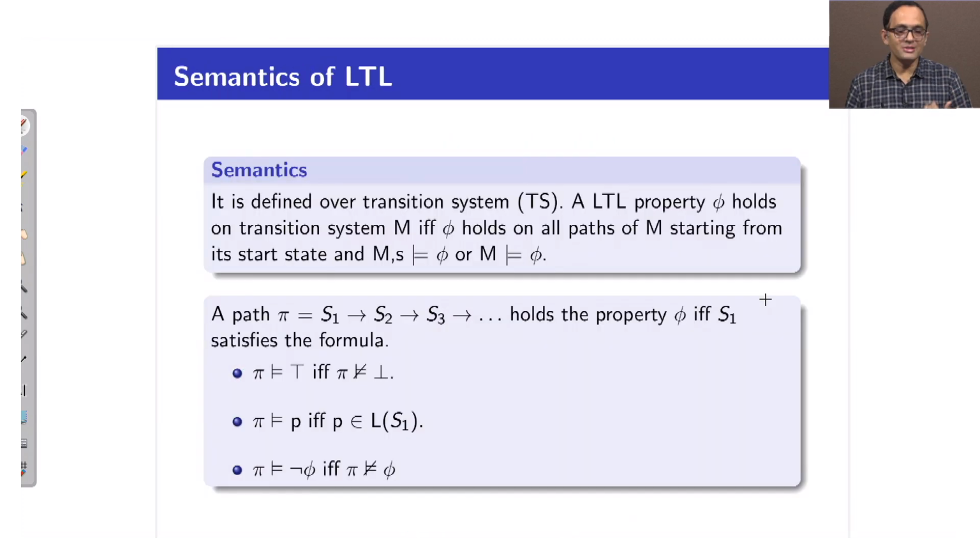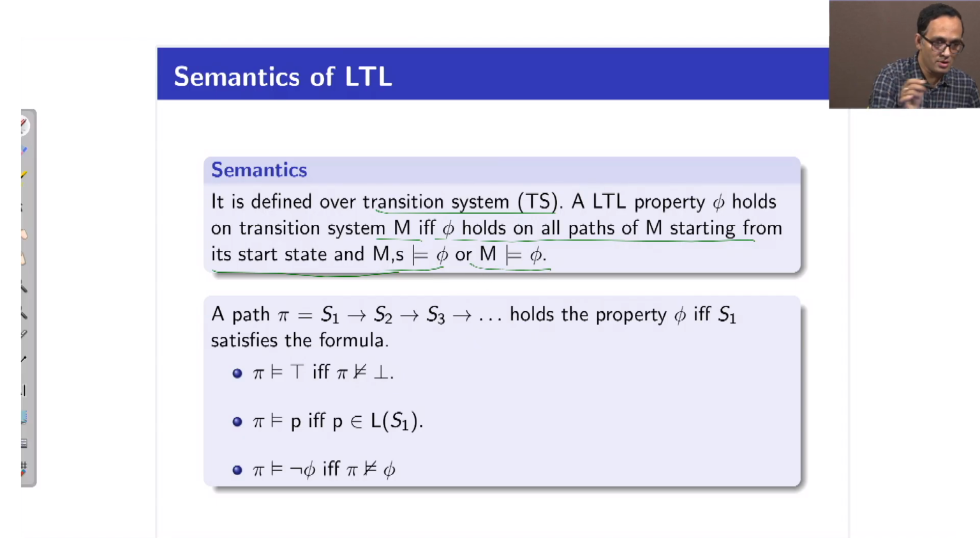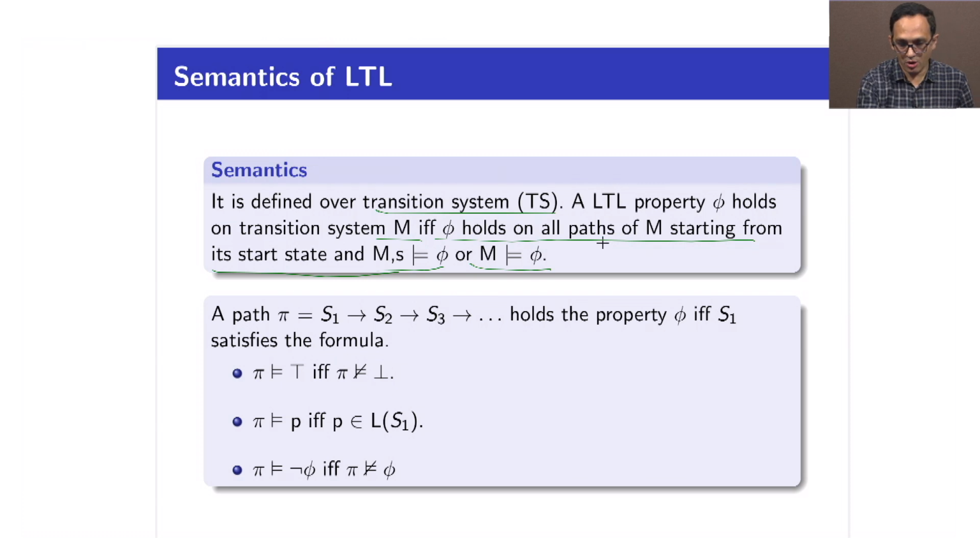Now, I will define the semantics of LTL. It is basically defined over a transition system, which I have already defined, and this property holds on a transition system M if phi holds on all paths starting from the start state of it. So, effectively I will write M, S satisfies phi, or simply M satisfies phi. It is very important to note this: all paths, right.